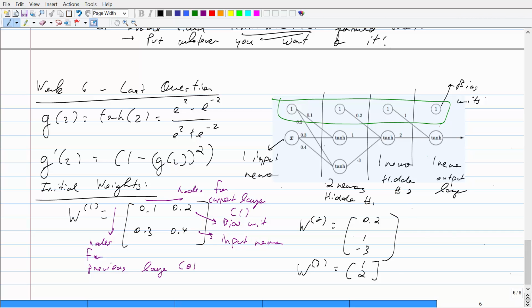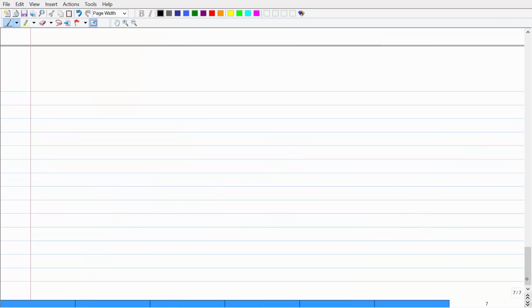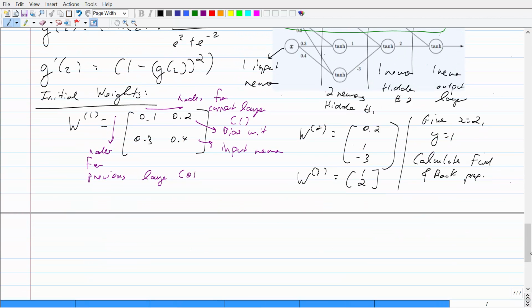All right, so the question asks, if you're given x equals 2 and y equals 1, we want you to practice calculating the forward and back prop. Okay, so you have to calculate forward and backward propagation. That's the question that we ask you.